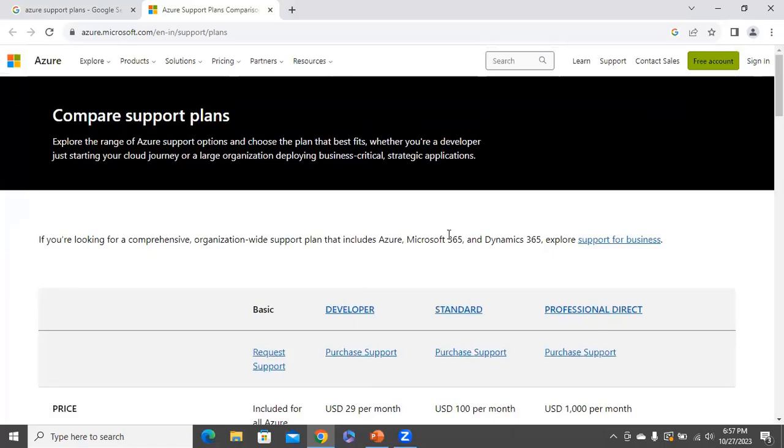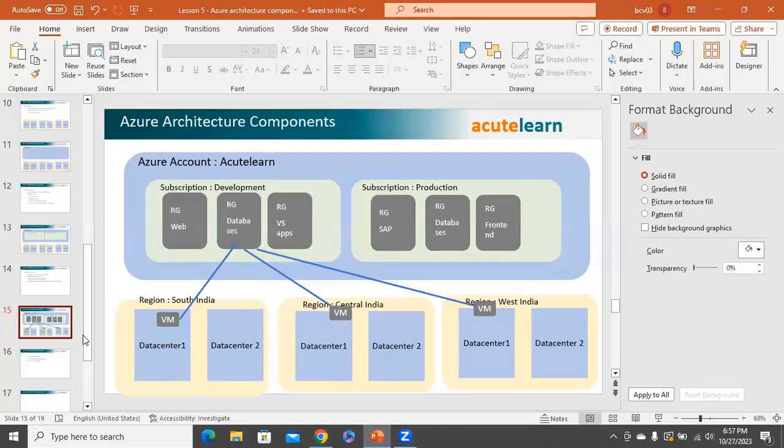So before you start creating resources, you also decide which support plan is required for you, the number of subscriptions required, how many resource groups are required within the subscriptions, and which geographical location we are going to create them in. Okay. So those are the Azure architectural components.